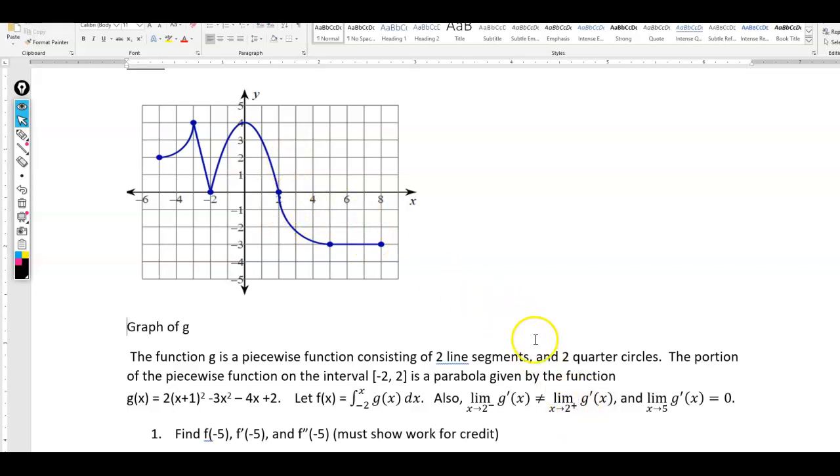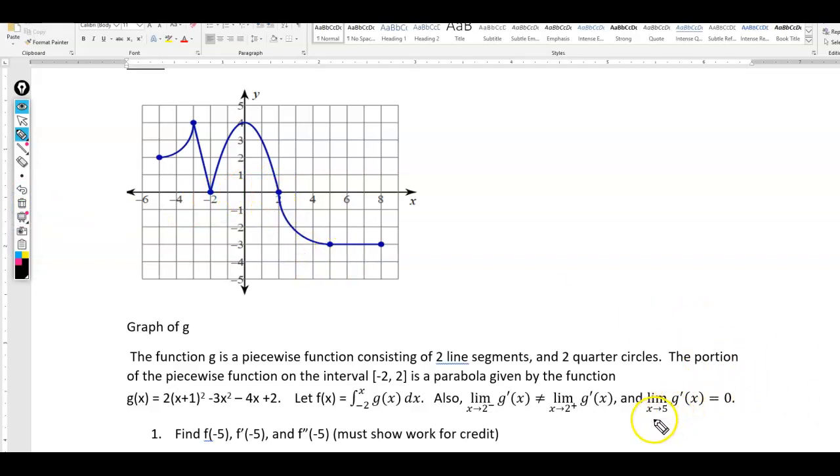Since the limits from the left and right of 2 do not give the same derivative, we want to remember that this point is almost like a cusp. You can't really see it, and that's why I included that. You won't have this little piece of information on yours because something that awkward didn't pop up, but for mine, this is a cusp.